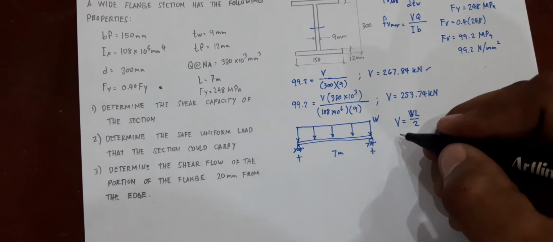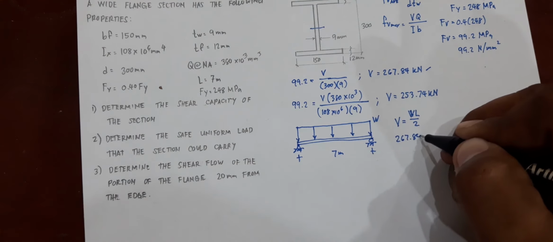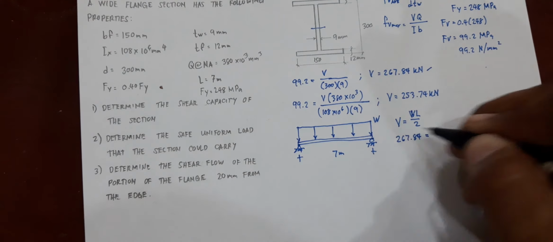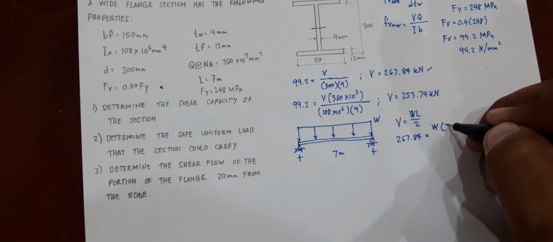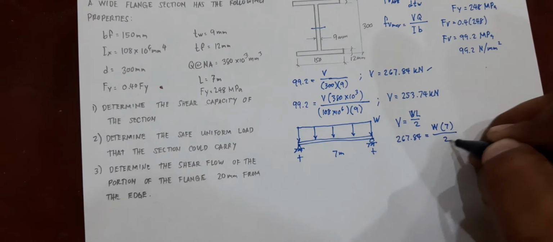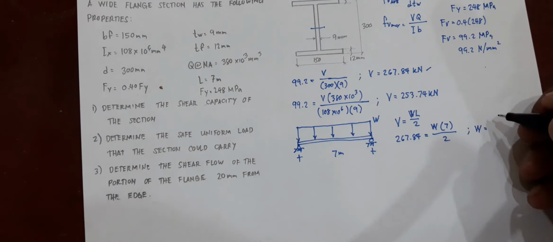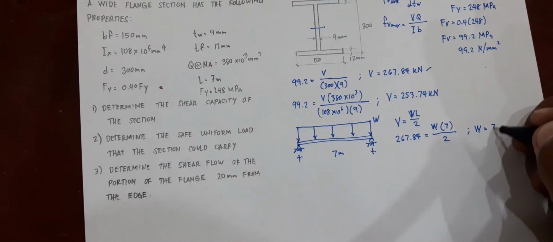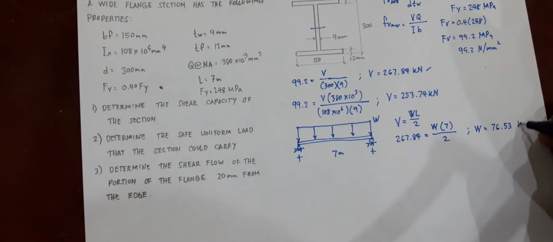So you would have here 267.84 kilonewtons. That is your V. And then you're looking for W times the span of 7 meters divided by 2. Then you would have a uniform load W equal to 76.53. That would be in kilonewton per meter.